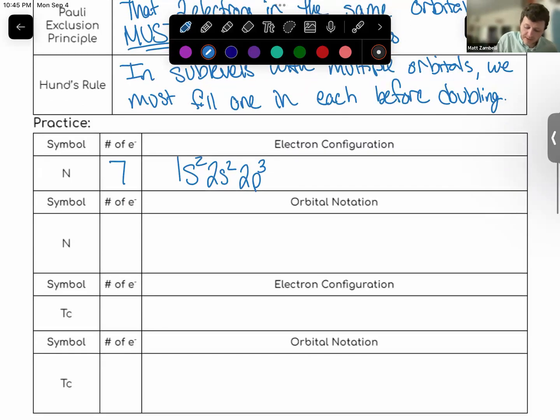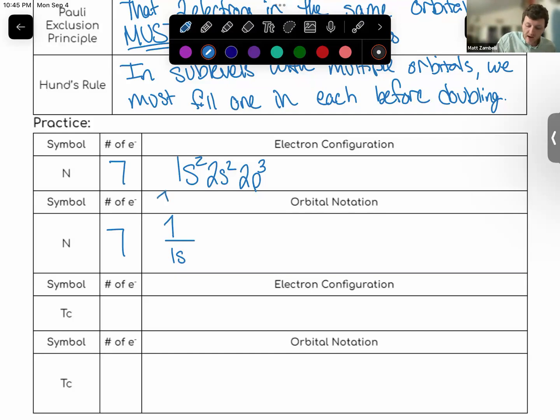Now our orbital notation. Each line is going to count as an orbital. So we're going to draw a line for 1s, and each line gets a maximum of 2 electrons in it. So I'm going to put one arrow going up, and just so you guys see, my arrows look funky. You can draw normal arrows.